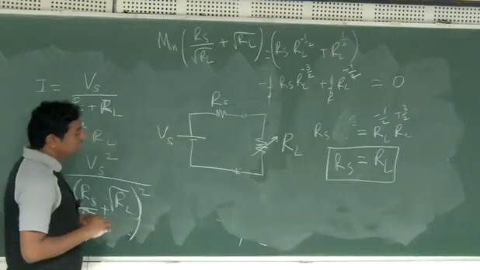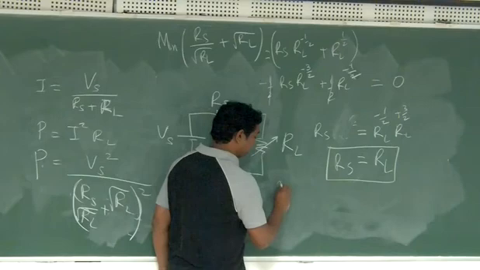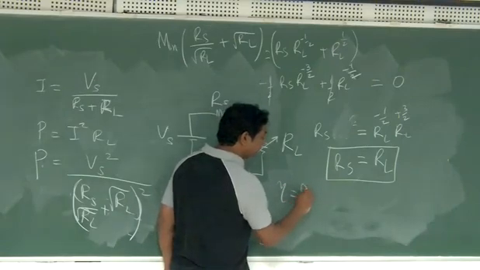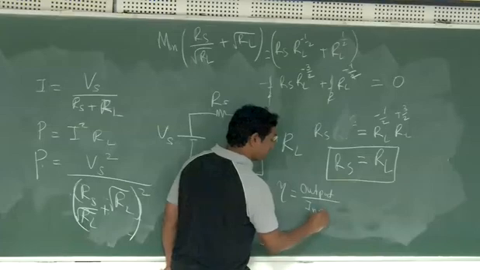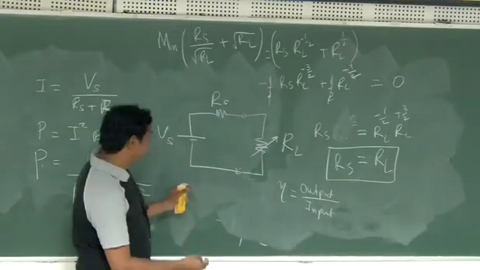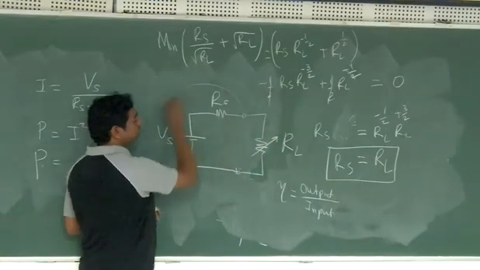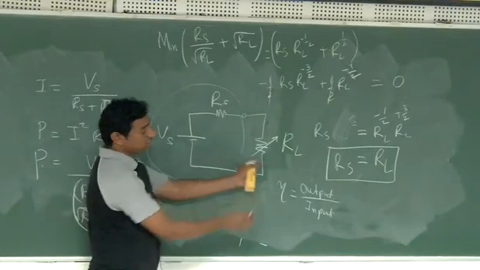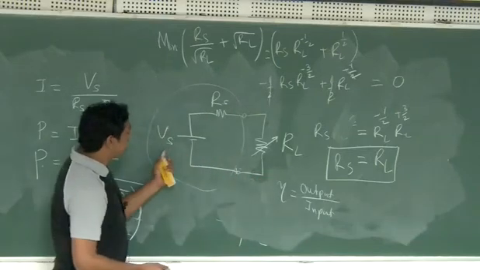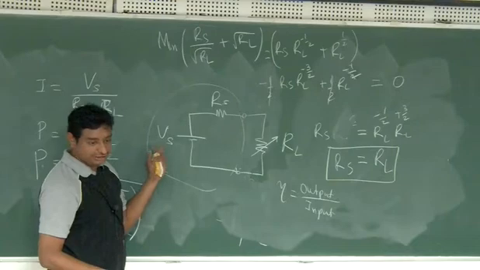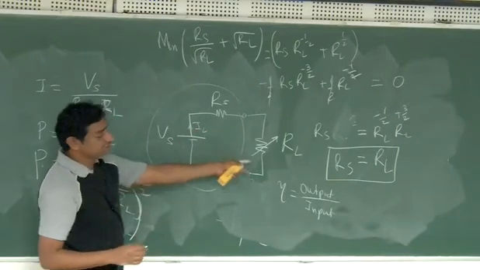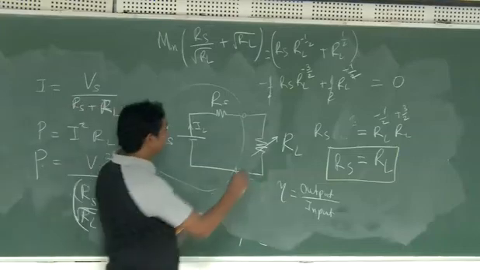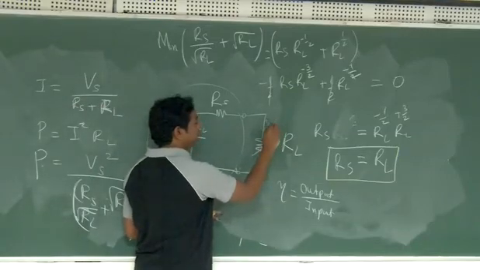So what is the efficiency? Efficiency is output by input. If we consider this as a source, this source is sending power. How much power it is sending is Vs into I load, and how much is received is V load into I load.